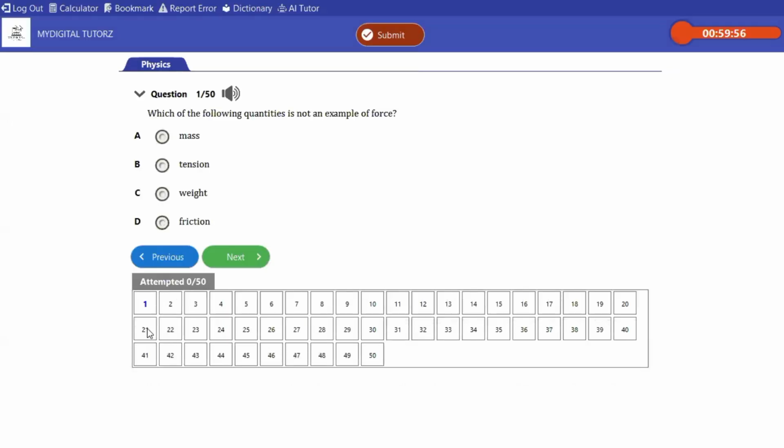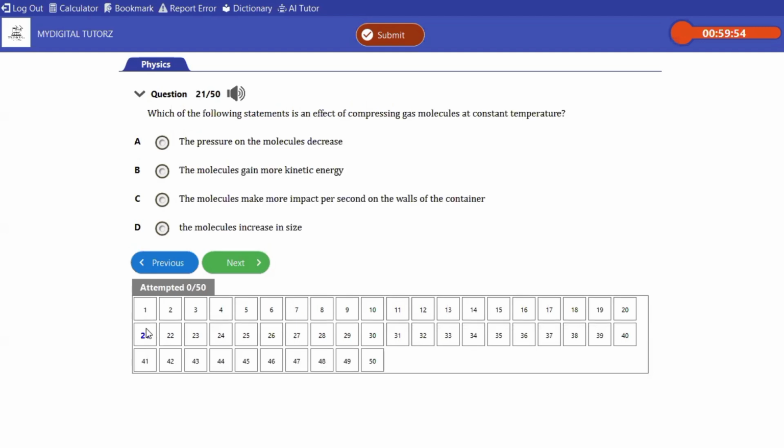So question 21 says, which of the following statements is an effect of compressing gas molecules at constant temperature? So this is Boyle's law. When the gas is compressed, that is, the volume is decreased, then what happens to the pressure?